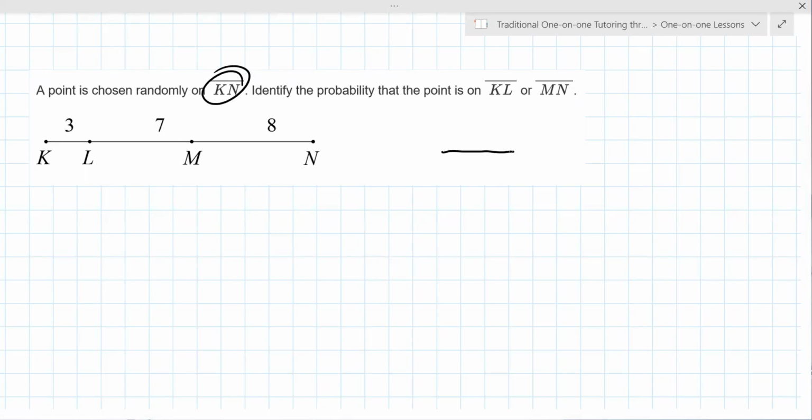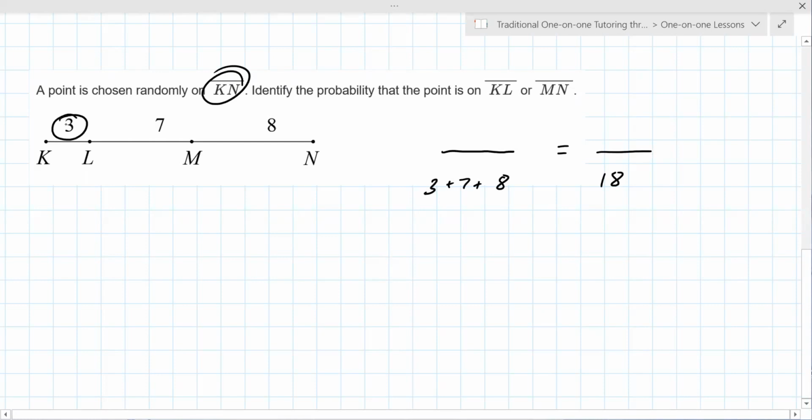Okay, how did you come up with 7 on top? When it said KN, I added everything from K all the way to N, so I get 18. And then it said on KL or MN. Oh dang it, I messed that up. Then that's 11. Okay, so or means add. Does that make sense? Yes. Okay.